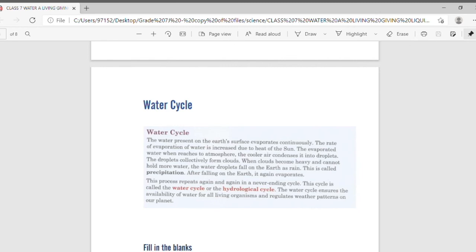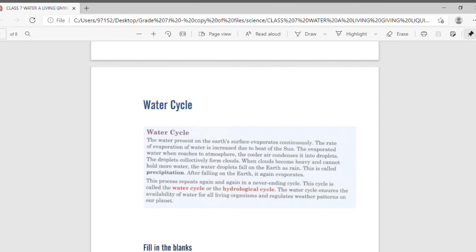When clouds become heavy and cannot hold more water, the water droplets fall on earth as rain. This is called precipitation. After falling on earth, it again gets evaporated. This process repeats again and again in a never-ending cycle. This cycle is called water cycle, hydrological cycle.